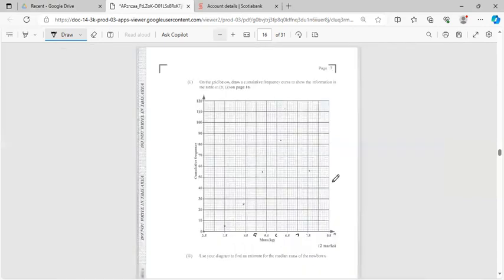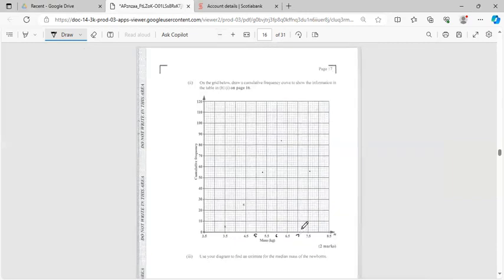Alright, so 7.1, 7 is here. So we have a line here. And this now would be 112. So we have 100 here, 110. So 112.